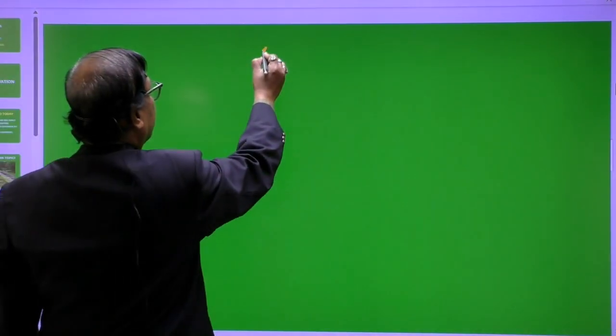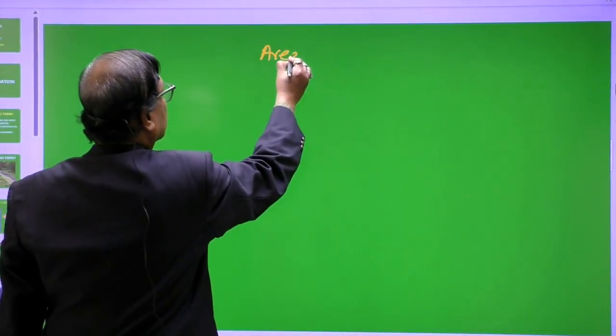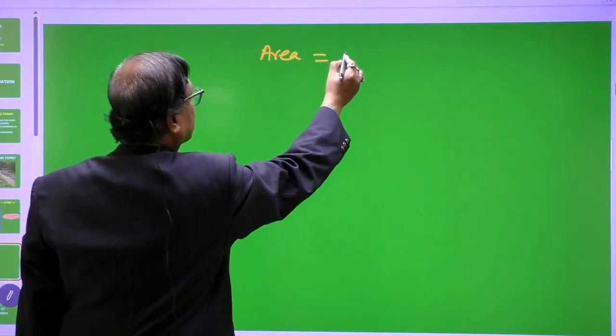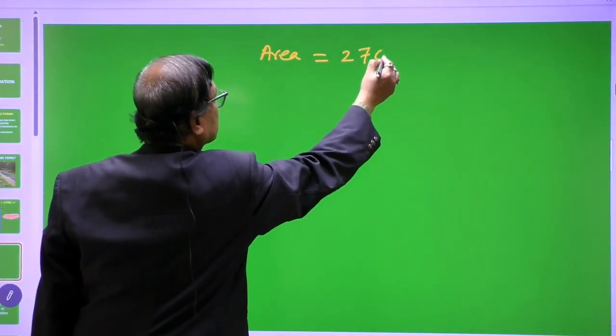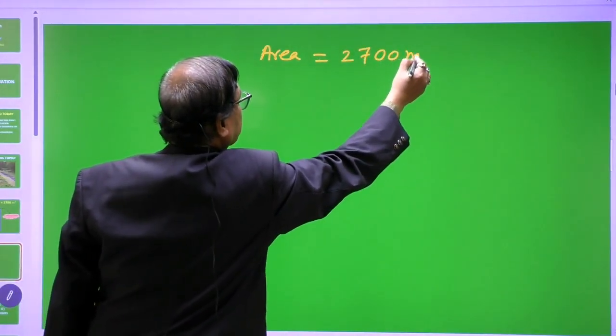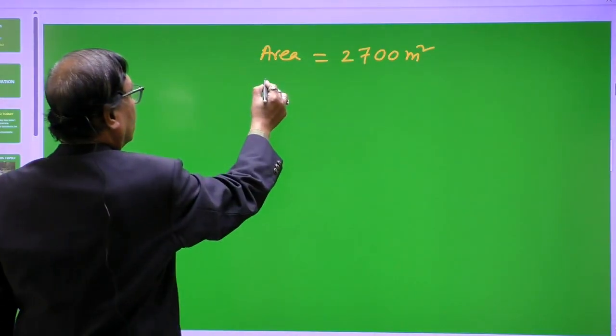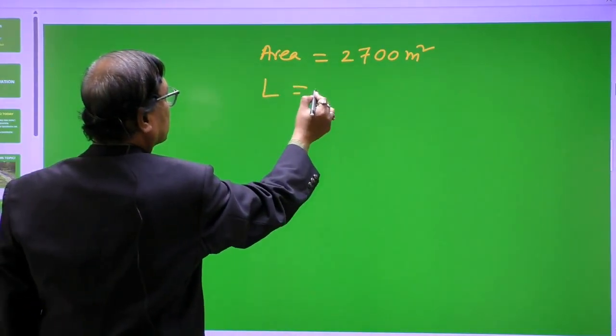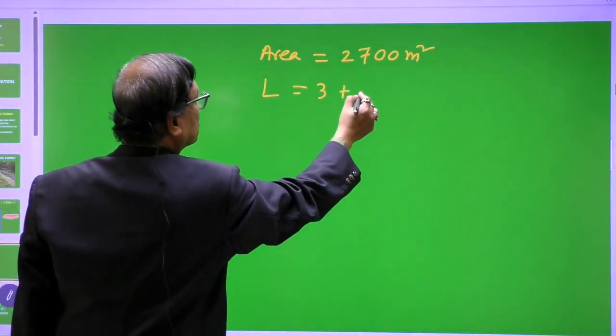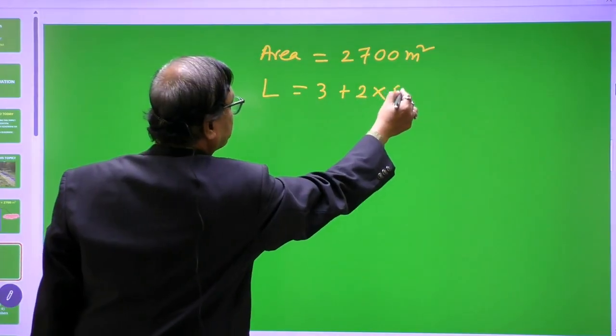So, the area of this garden is given as 2700 meter square. Also one relation is given: length equals 3 plus twice the breadth.